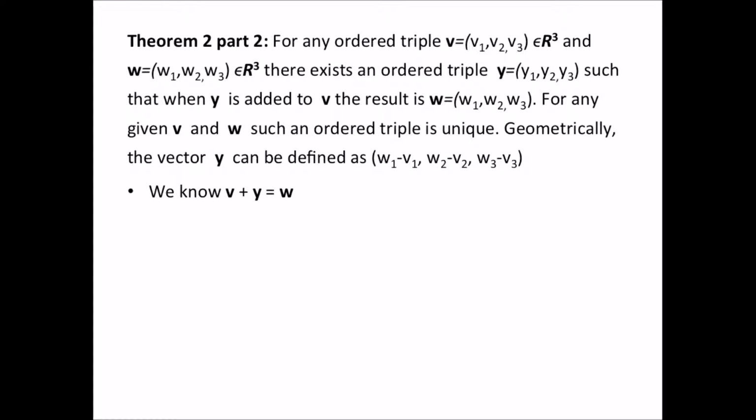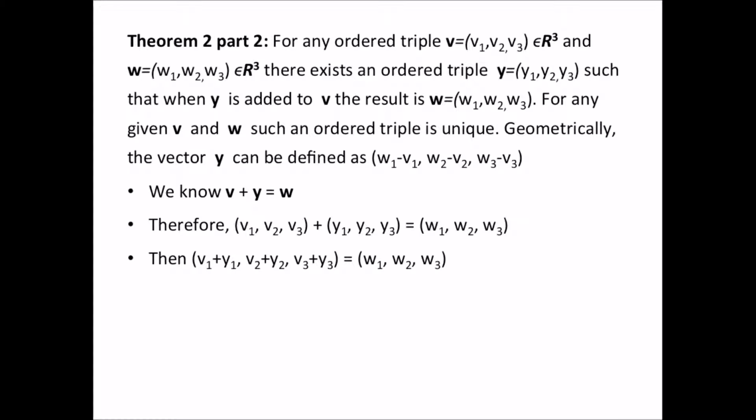Therefore, we can identify each of the coordinates and see that V1, V2, V3 plus Y1, Y2, Y3 is equal to W1, W2, W3. If you can't tell already, we're going to use a similar process as we did in proving the first part of this theorem. We can combine the coordinates to see that V1 plus Y1, V2 plus Y2, V3 plus Y3 equals W1, W2, and W3.